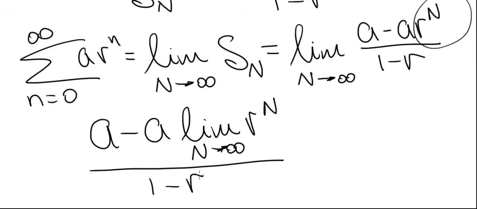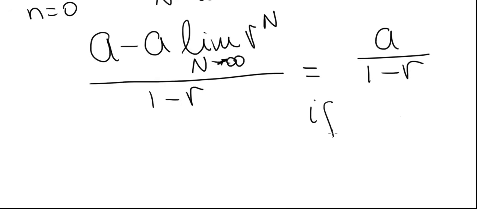Now remember, this limit is 0 if r is strictly between minus 1 and 1. And this limit doesn't exist if r is bigger than 1 or less than minus 1. So we can now say this will be a divided by 1 minus r if r is strictly between minus 1 and 1. And it will be undefined if r is not in this interval. And that verifies this formula.